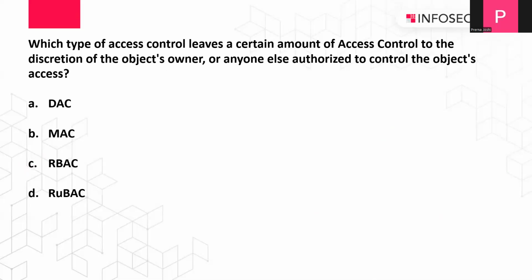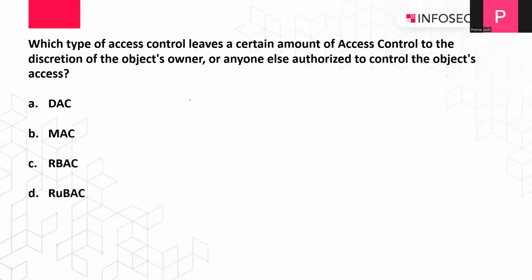The next question says, which type of access control leaves a certain amount of access control to the discretion of the object's owner or anyone else authorized to control the object's access?